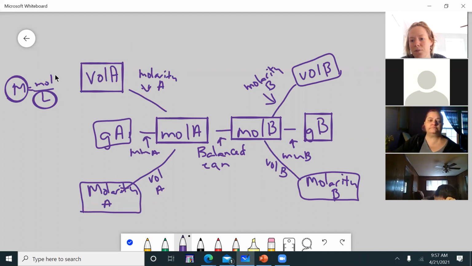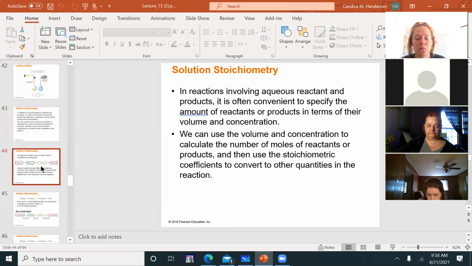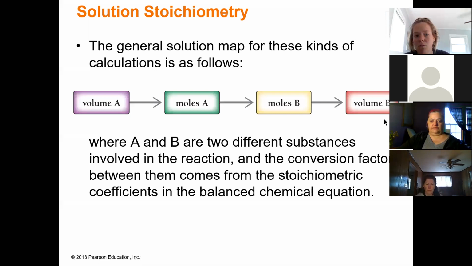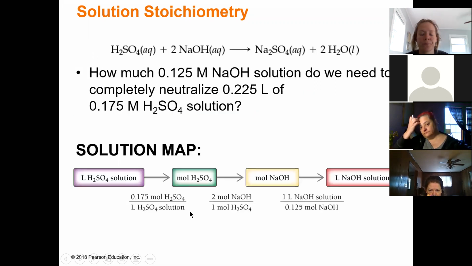That's the flip-flop because it's all from the same equation. So this will start here with this limb of the flow chart. Here is the same thing that you already have written out. Volume of A can convert into moles of A, which can convert into moles of B, which can give us volume B. A and B are two different substances involved in the reaction, and the conversion factors between them come from the stoichiometric relationship. So that's how we hop.